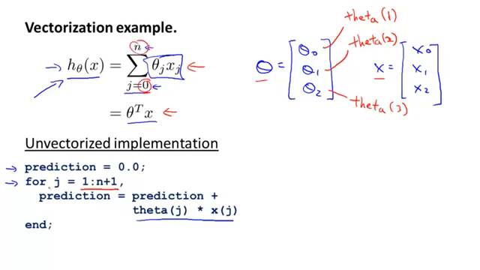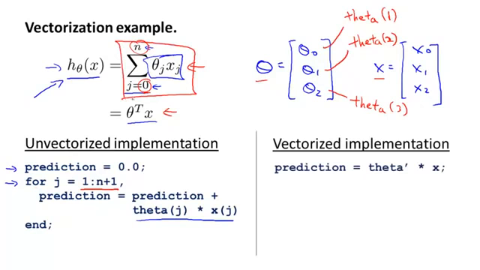So this is an unvectorized implementation in that we have a for loop that's summing up the n elements of the sum. In contrast, here's how you would write a vectorized implementation: you would think of x and theta as vectors, and you just set prediction equals theta transpose times x.